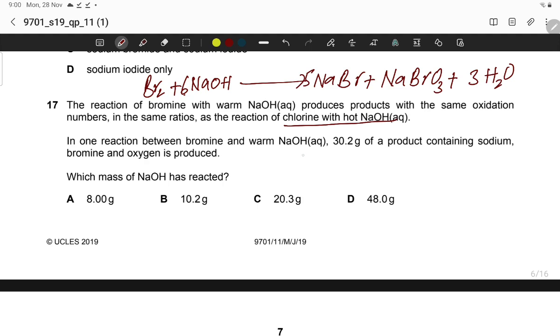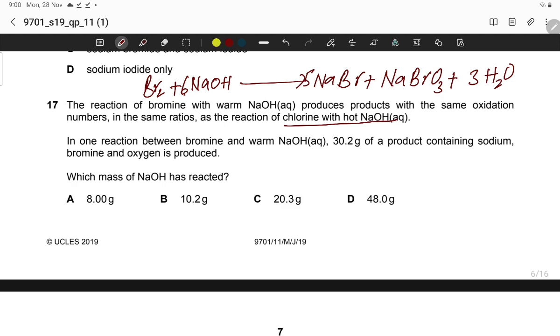Mole of the reactants, same ratios as the reaction. In one reaction between bromine and warm sodium hydroxide, 30.2 gram of product containing sodium, bromine and oxygen is produced.